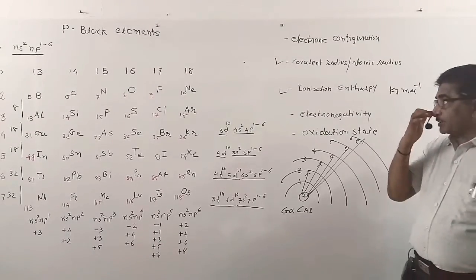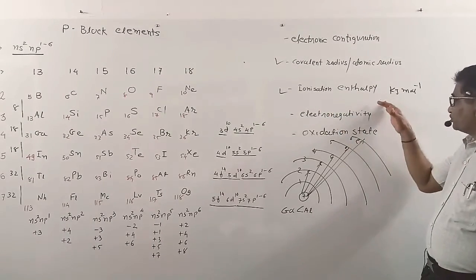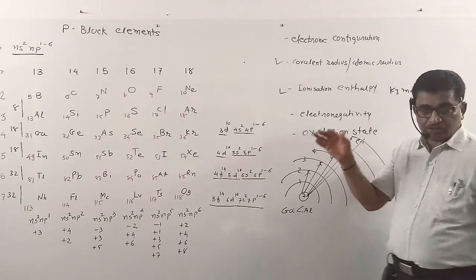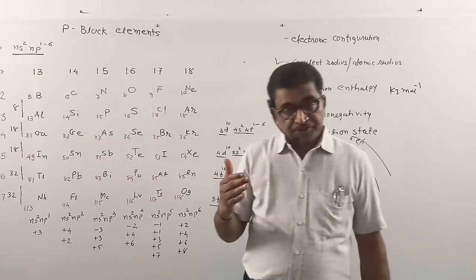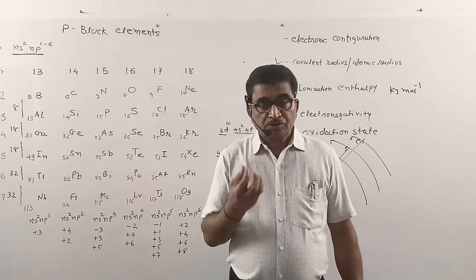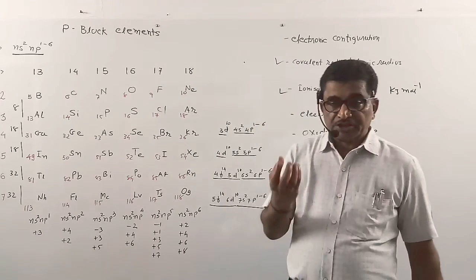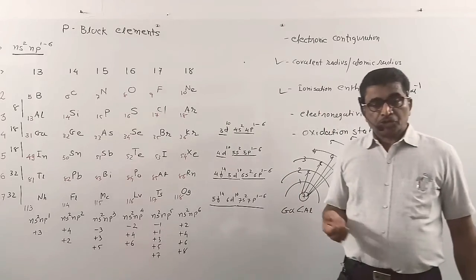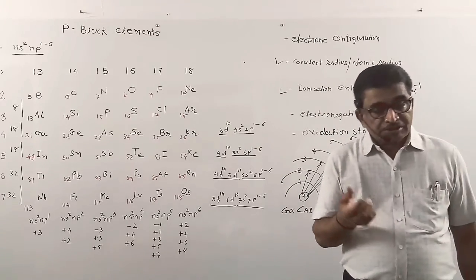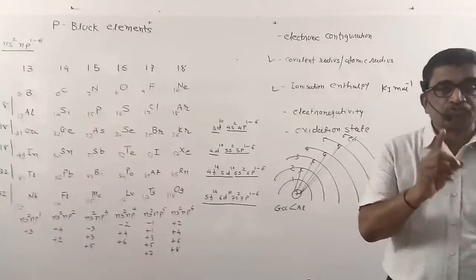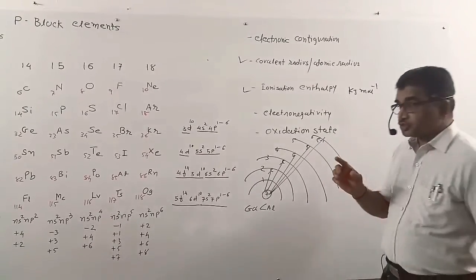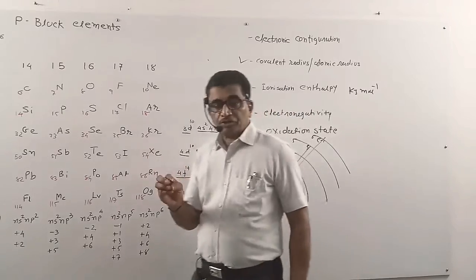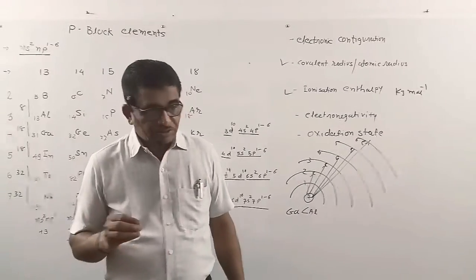Again we say that for any neutral gaseous atom, the energy required to release one electron is known as ionization enthalpy.